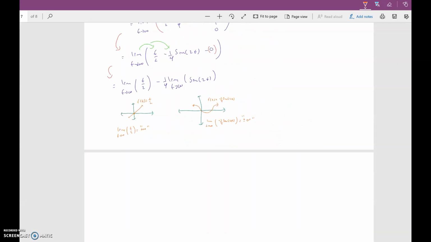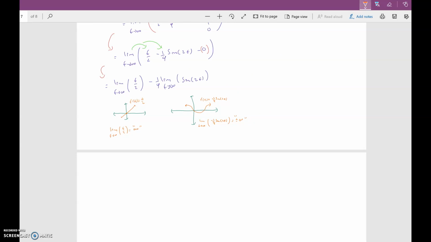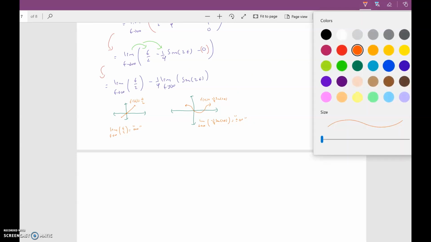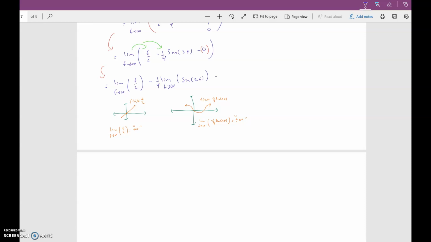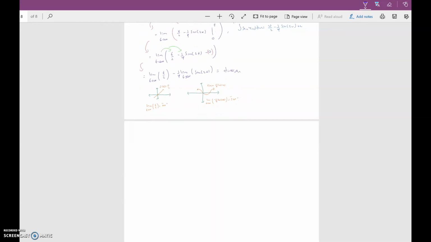So at this point, you can conclude that because of these two, the limit diverges, which you can write as a conclusion that the integral from 0 to positive infinity of sine squared of x dx does not converge, or diverges.